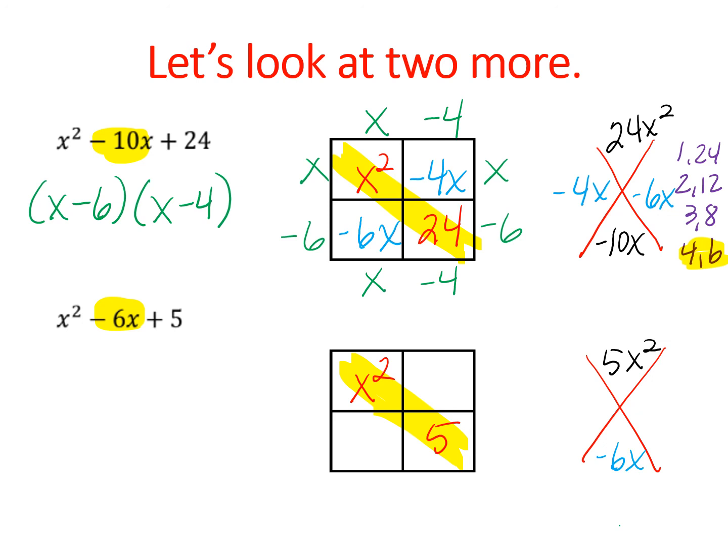And again, another quick one. Our only option for a 5 is a 1 and 5. But again, I'm trying to get a positive 5, but I need a negative 6 when I add. So my best choice here is we can make a negative 1x and a negative 5x.